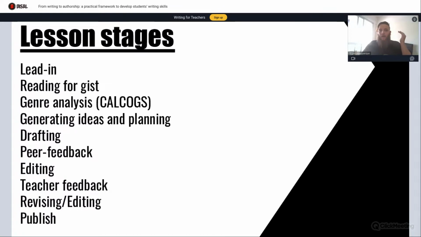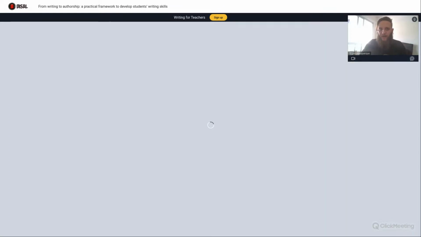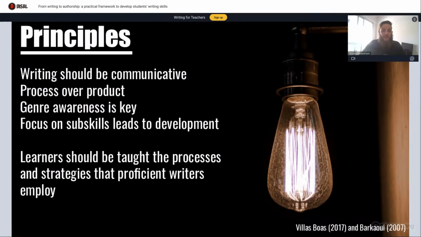What are the principles behind this? And as I mentioned, this is from Villas Boas and Barcaoy. The principles behind this are that writing should be communicative. I feel that some of the times that students are not motivated to write is because the writing is not communicative.